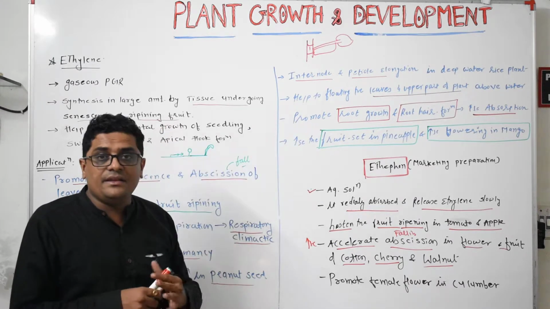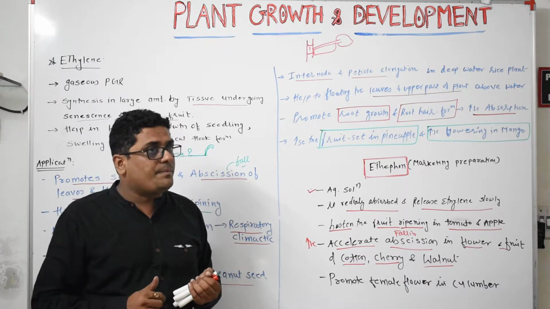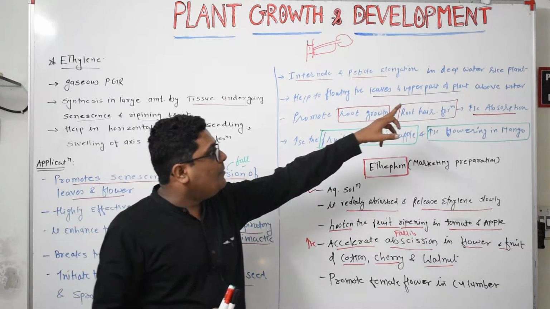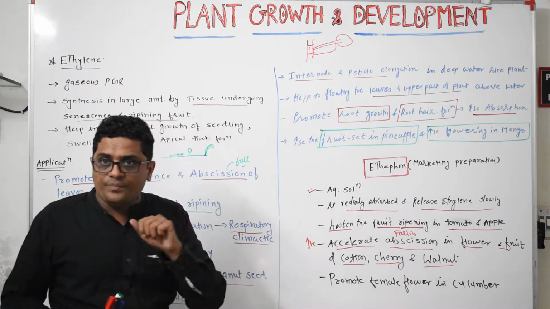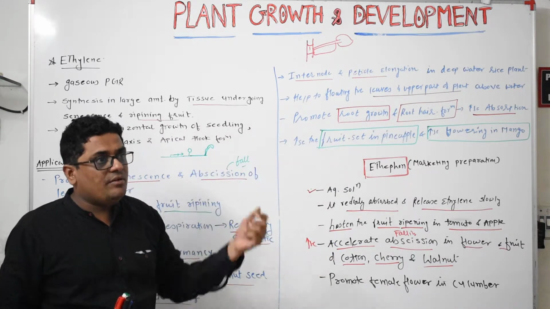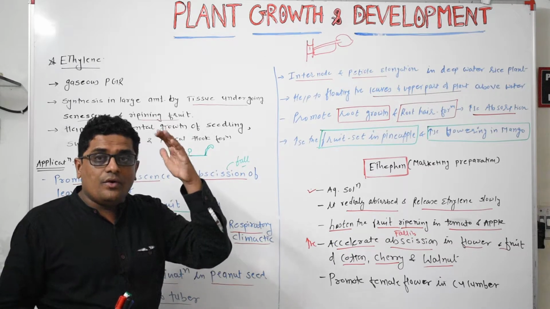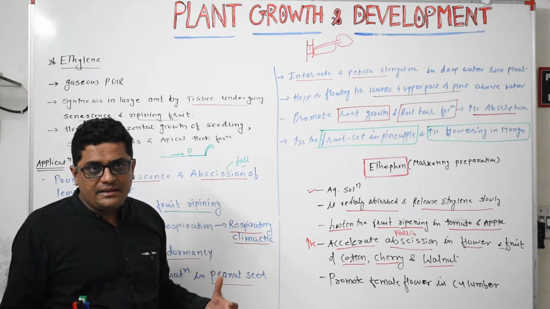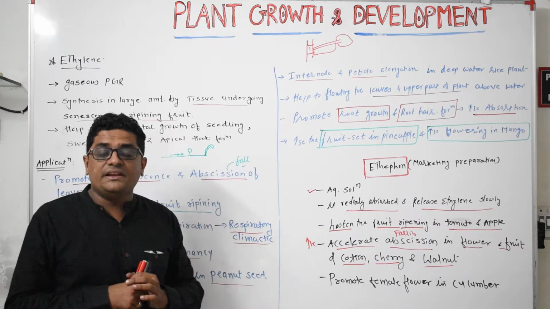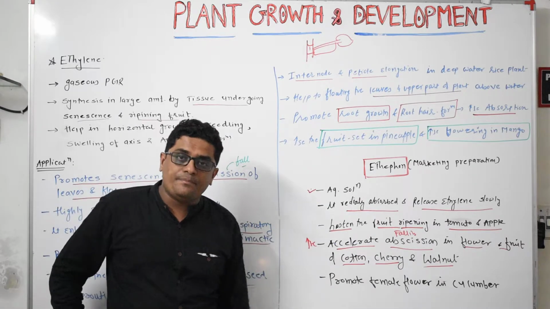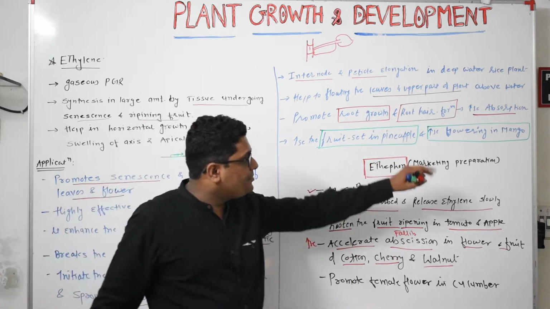It helps in the floating of the leaves and the upper part of the plant above the water. Also, ethylene is responsible for the development of the root and formation of root hairs, and thereby increases absorption. Also, ethylene helps in fruit set in pineapple and flowering in mango.